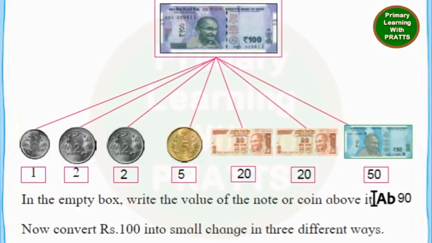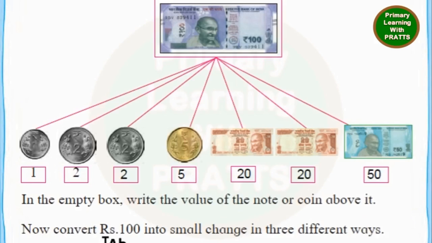Now we have 90. Now let's count here. 5, 7, 8, 9, 10. And 10 plus 90 is 100. So now Nandu Kaka has given her change for rupees 100. Now let's see what else are they asking us to do.